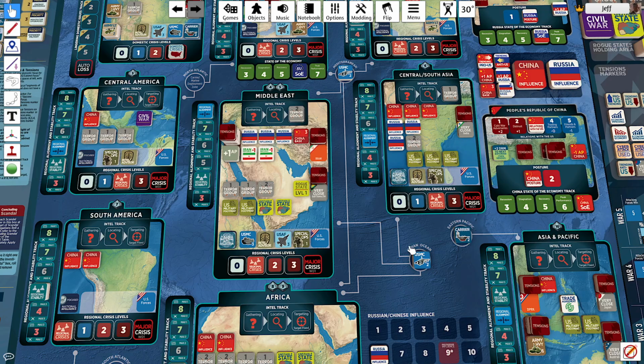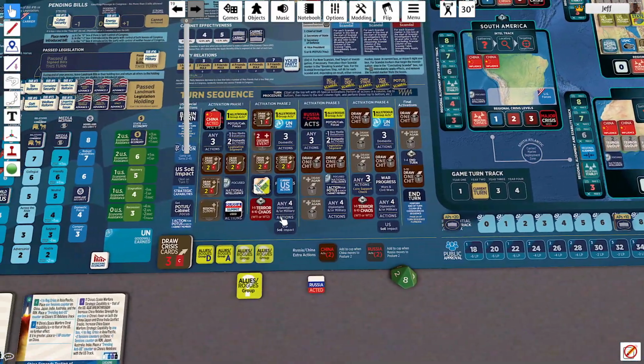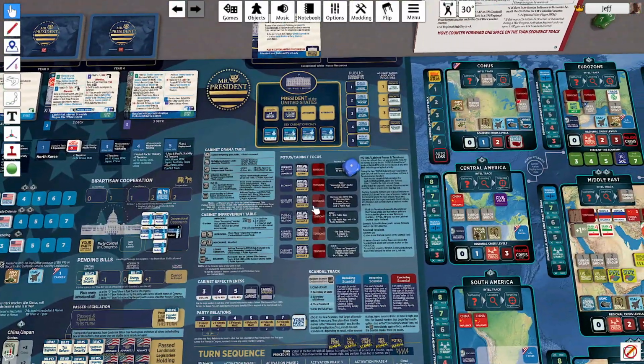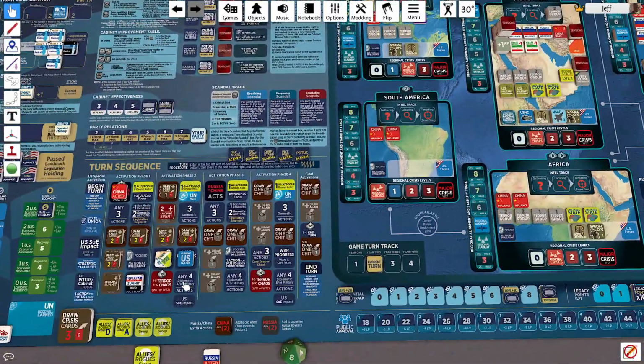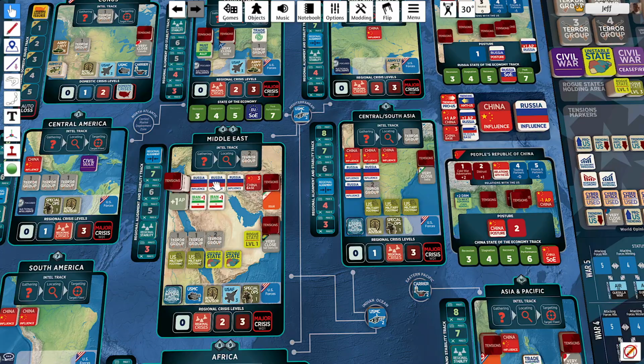And so, if I understand it correctly, to remove an influence token, I need an alignment of 7 or 8, and on a roll of 1 to 6, I get to remove 1. And it's not domestic. If it was domestic, we'd be getting rid of some of these tension counters here. But I'm going to try to remove influence from the Middle East.